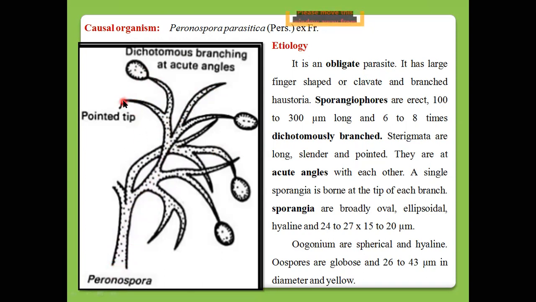This is the basic criterion to identify the Peronospora genus. But in the Plasmopara genus, two or more than two sterigmata are developed on the branching structure of the sporangiophore. The sporangia are generally attached to the sterigmata.